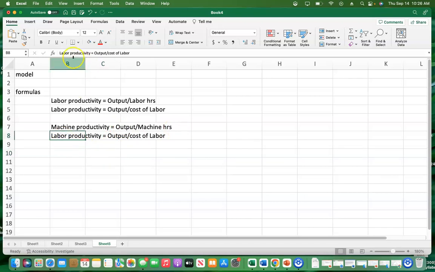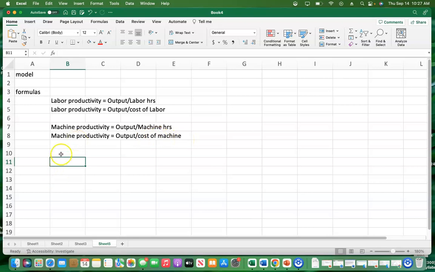But also we can use the cost of machine, because that information is given. So as I said, we can look at the machine productivity by taking the output divided by machine hours, and also by looking at output per cost of machine.